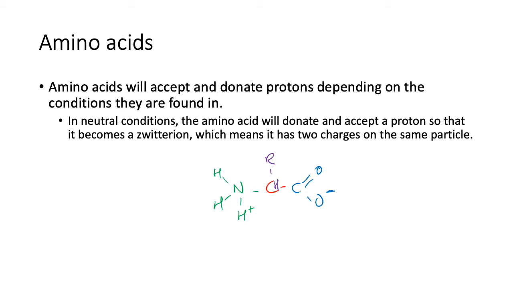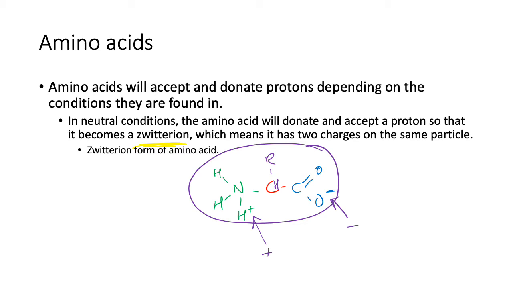That's the zwitterion form with the two charges on the same particle. It's all one particle, but it has a positive end and a negative end. That's the definition of a zwitterion, and there's your zwitterion form of an amino acid.